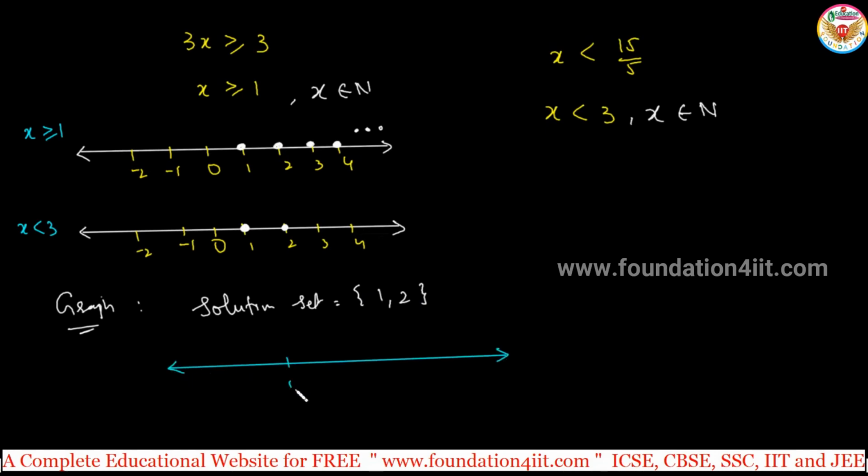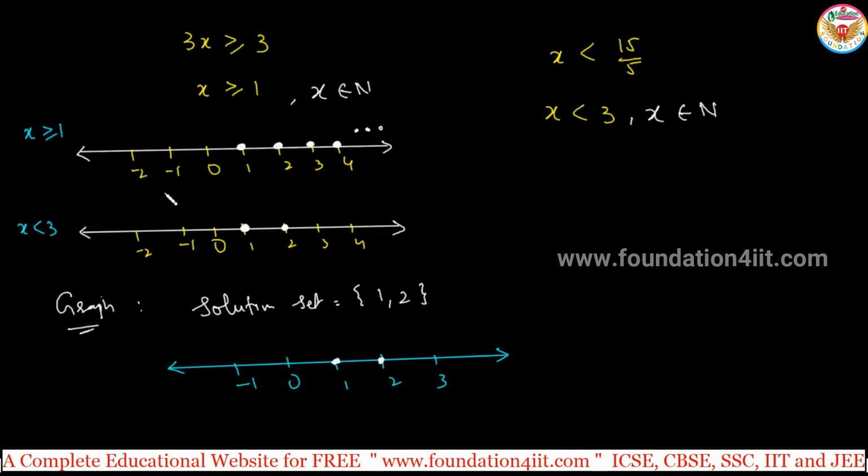So the graph is 0, 1, 2, 3, minus 1, with only 1 and 2 marked because x belongs to natural numbers. These are combining inequations, the common solution of two inequations together.